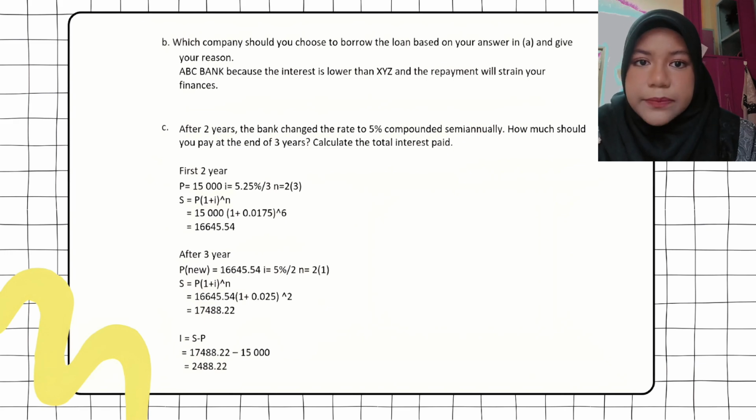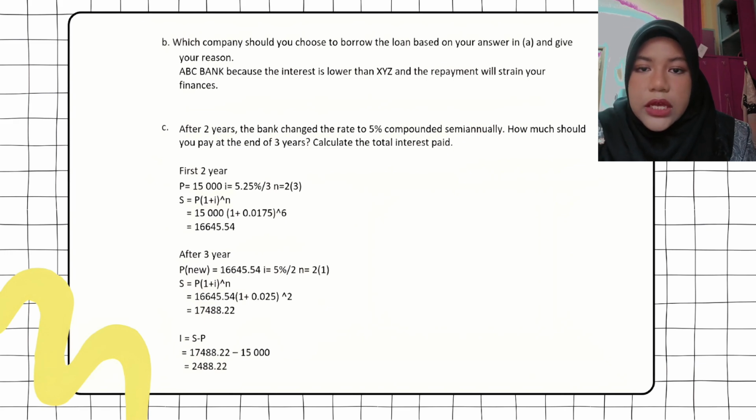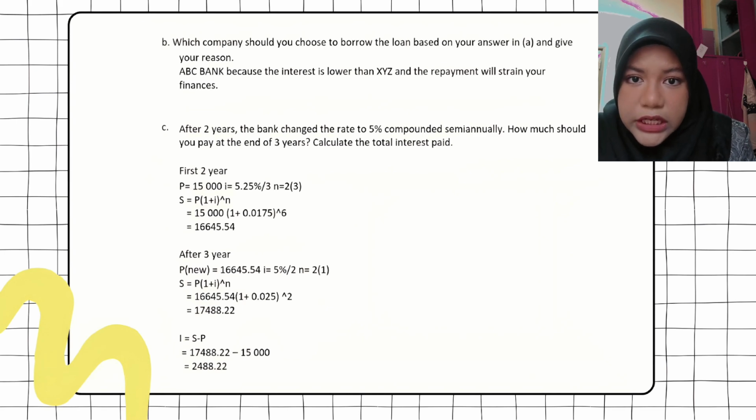Calculate the total interest. For the first 2 years, we use the formula S equals P multiplied by (1 plus i) to the power of n, where P equals 50,000, i equals 5.25% divided by 3, and n equals 2 multiplied by 3. So, we just multiply 50,000 with (1 plus 0.0175) to the power of n, and we get 16645.54.